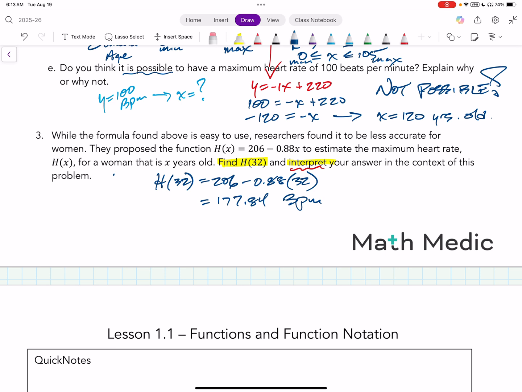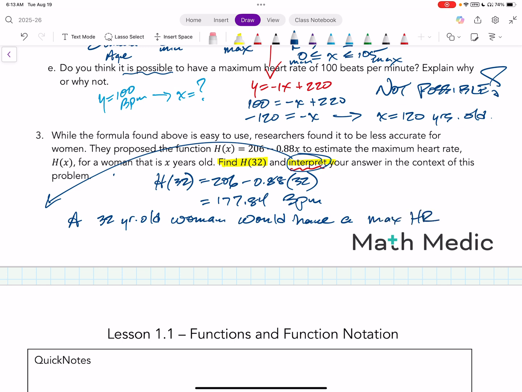The interpretation of this would be for a 32-year-old woman. Here's the interpretation: a 32-year-old woman, this is the context of the problem, would have a max heart rate of about 177.84 beats per minute.